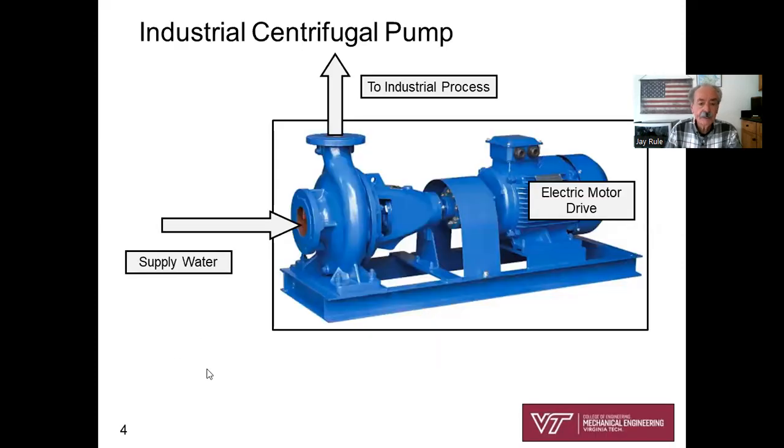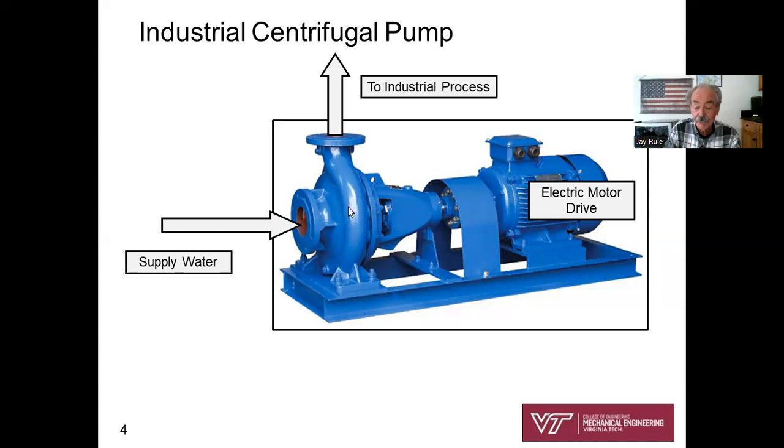Okay. This is what an industrial centrifugal pump looks like, with supply water or liquid coming into the eye of the pump. This is a centrifugal pump, so there is an impeller inside here. More details in just a second. It's spinning around and it's being driven by an electric motor through this hard coupled shaft.